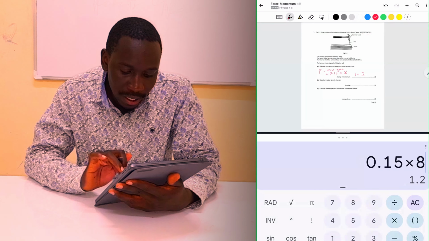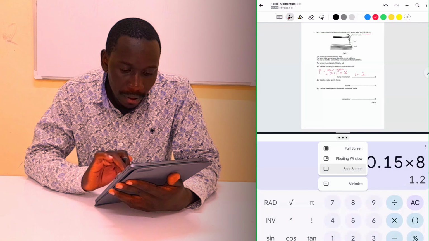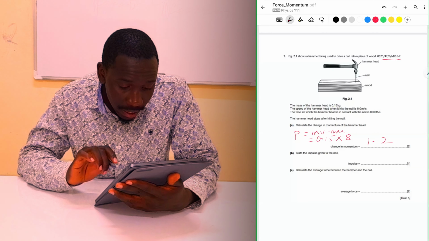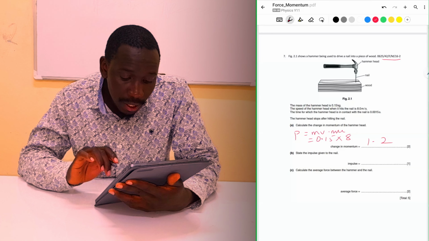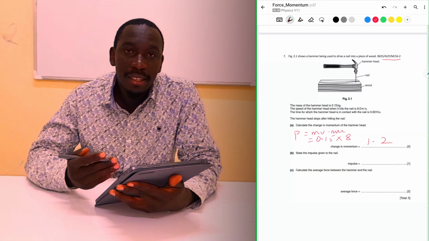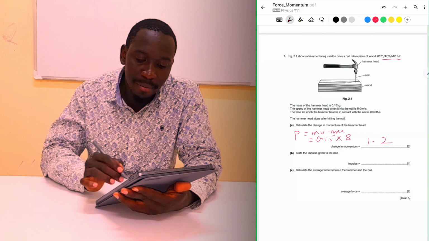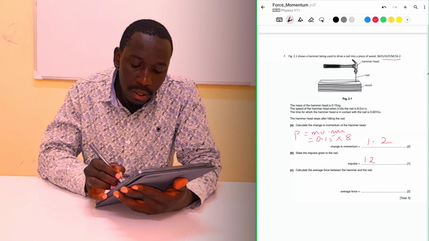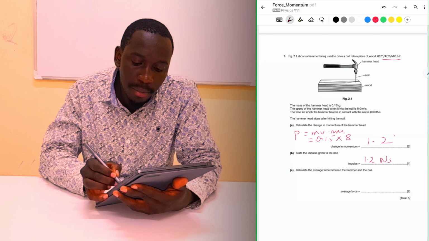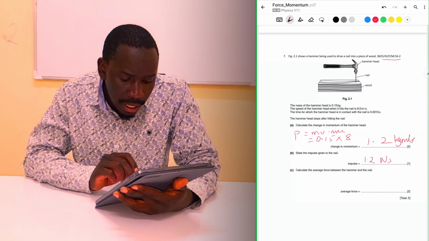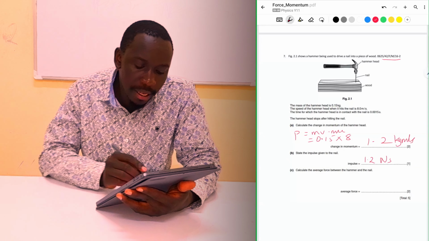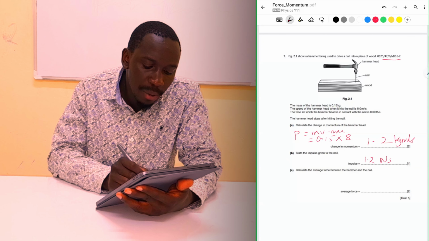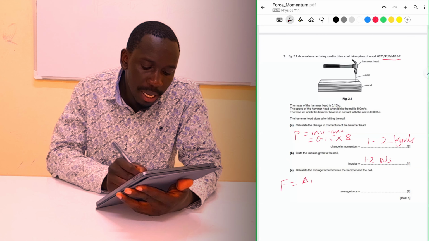Then the other question is to state the impulse given to the nail. So impulse is equal to the change in momentum. So that means we'll have 1.2 newton seconds, which is the same as kilogram meters per second. Calculate the average force between the hammer and the nail. So force is given by change in momentum divided by time.